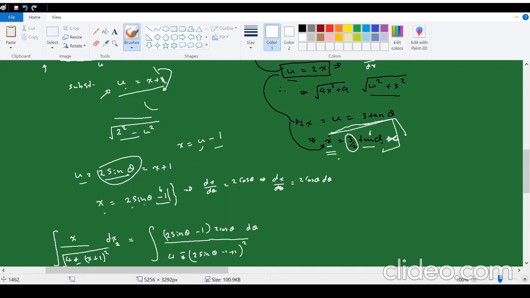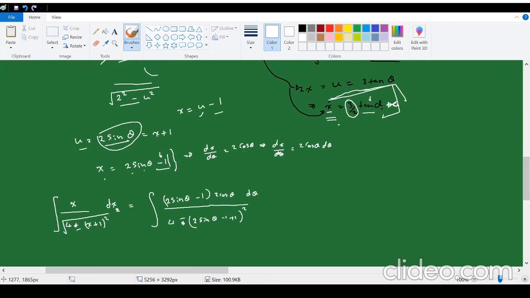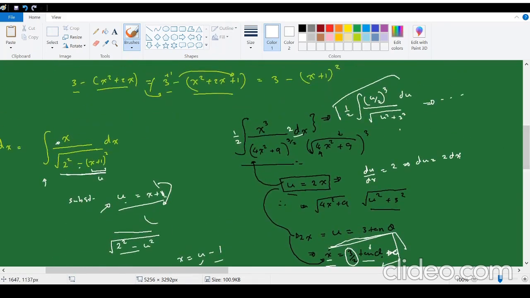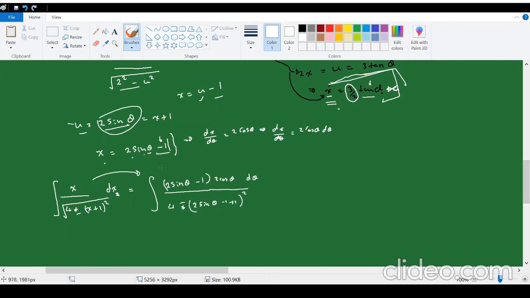So from that we can directly convert our integral in terms of theta, and we can avoid the integral of u, right? As in the previous question, we can avoid this step by directly jumping from x to theta. But you should be careful when applying the terms for x as well as for d theta.